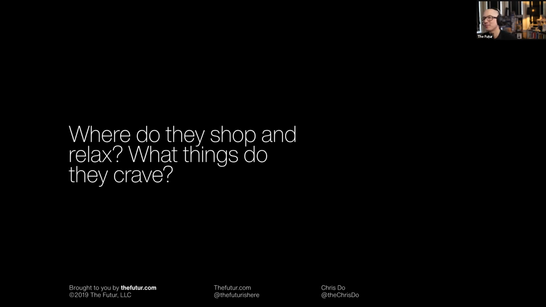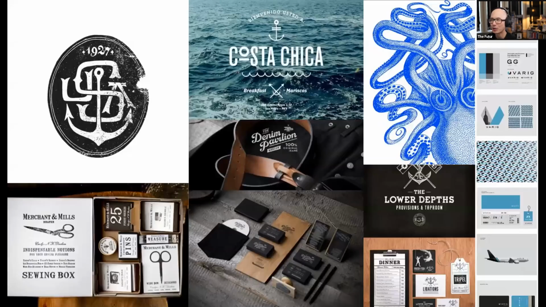Okay. So where do they shop and relax? What things do they crave? So again, I'm just trying to get into the mind of this person, right? So I'm seeing certain things. Now, I love this illustration of an octopus. It feels really nautical, but it's got a really cool style to it. Just love the pattern. And I'm just thinking this person that's in this area in Seattle and in Pioneer Square, all the materials have a certain vibe, black, silver, wood, crafty kind of vibe to it.